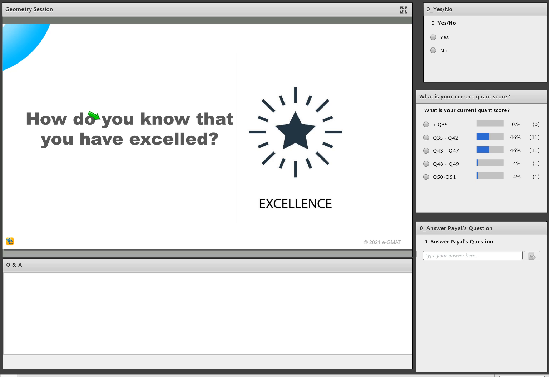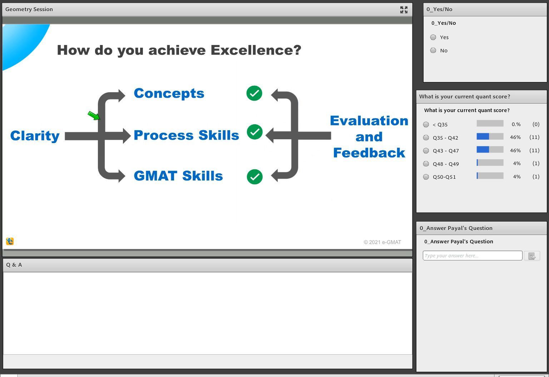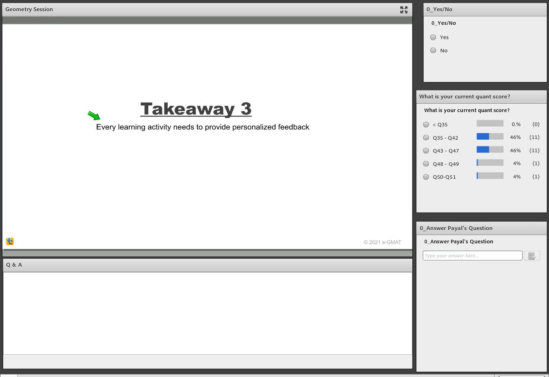Now, as you're going through that course, how do you know that you have excelled in it? For that, you need to get feedback. You need to be evaluated and given feedback at the right points so that you can correct your mistakes right there and then. So every learning activity needs to provide that personalized feedback. That's an absolute must.